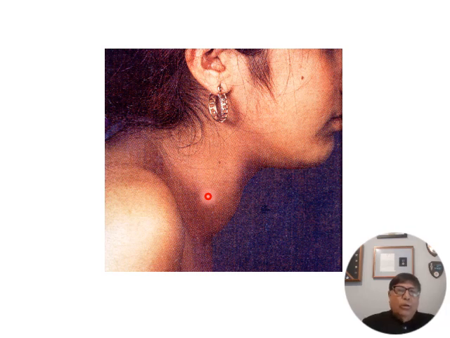So therefore, goiter is something that alerts you that there is more than likely a thyroid disease. But what it does not alert you to is the cause of the goiter, and there are various causes of the goiter.